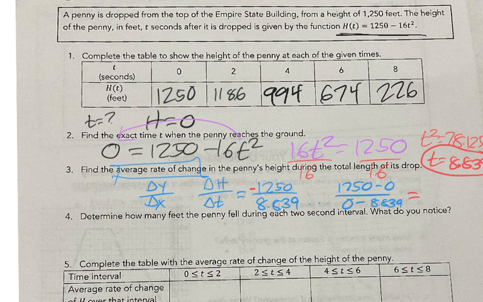So if I write it like this, I get in my calculator, second quit, negative 1250 divided by 8.839. I got negative 141.419 feet per second.